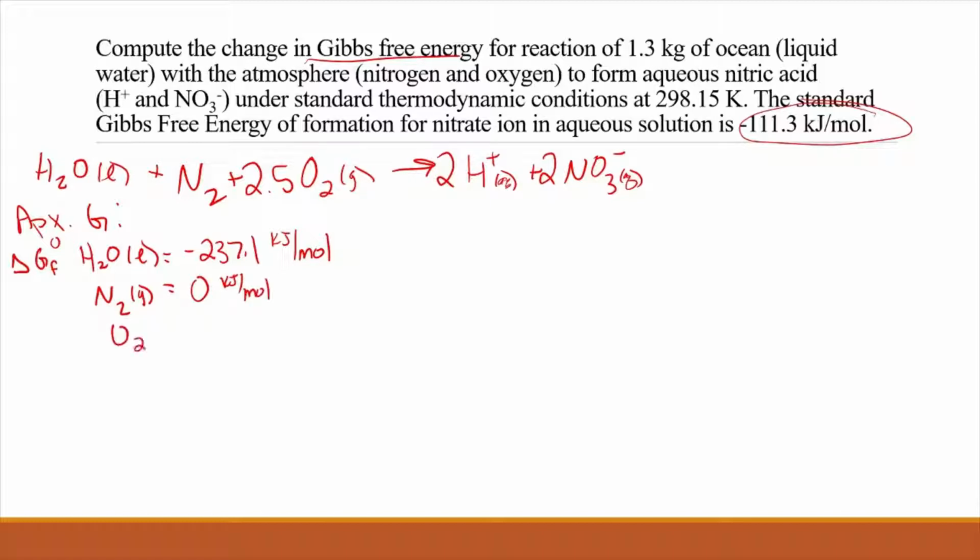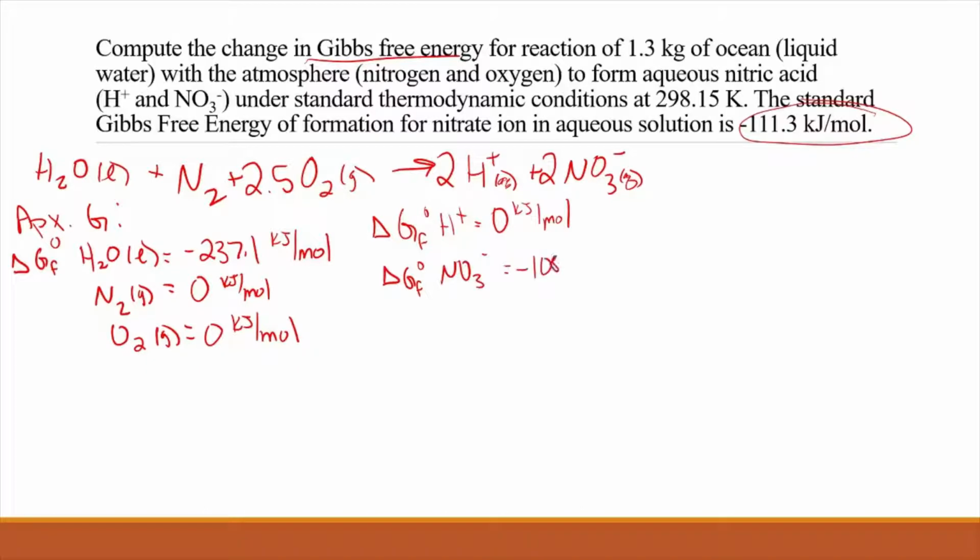And for oxygen, it is also 0. And then we need to look it up for H plus. So the delta G standard of formation for H plus is equal to 0. And then they gave us delta G formation for nitrate. Negative 108.7 kilojoules per mole.